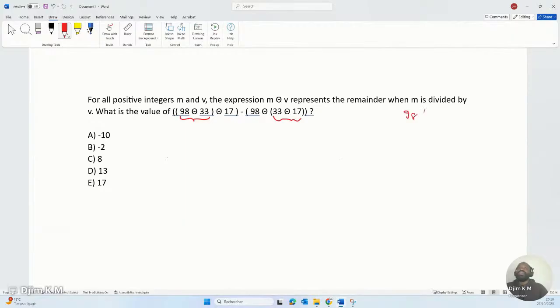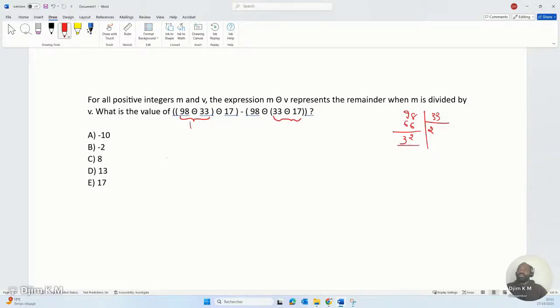So 98 divided by 33. If we say 3 here, it's going to give us 99. So it's going to be 2. So 6, 2, 3. So the remainder is 32.